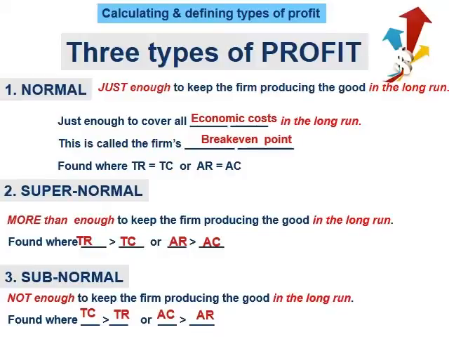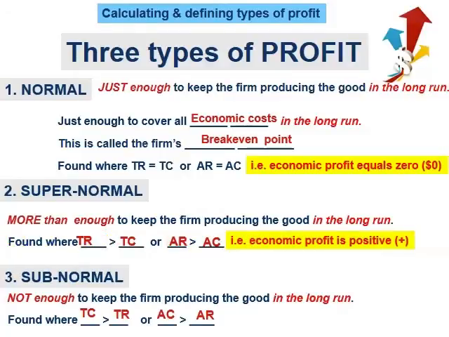So once again, normal profit means economic profit equals zero, and remember that's perfectly okay because the revenue earned covers all the economic costs. That includes the opportunity costs of being in that business or producing that good. When it's above normal, profit is positive, and below normal, subnormal, it's negative.